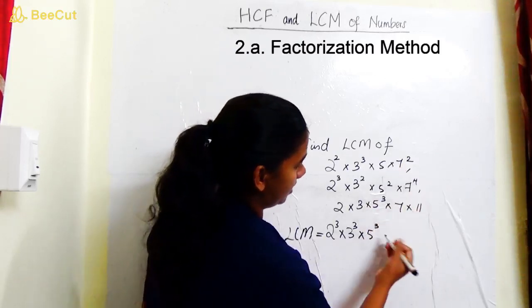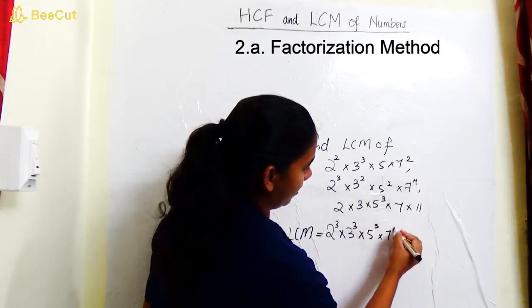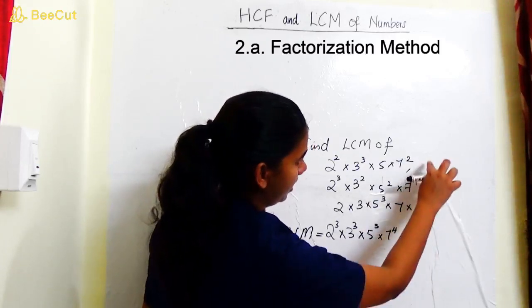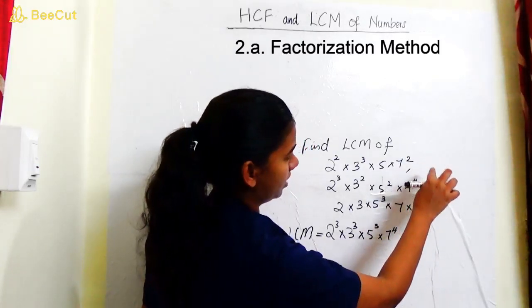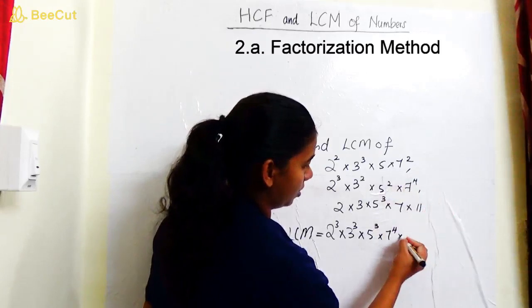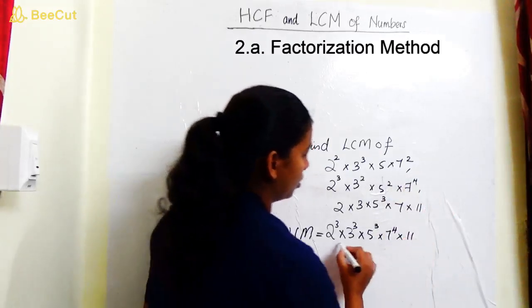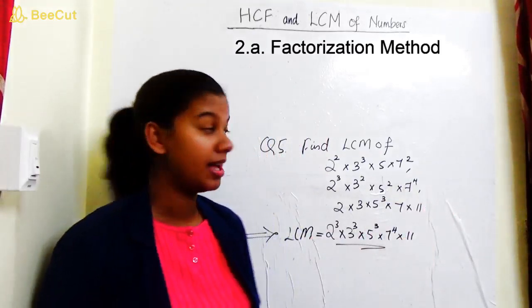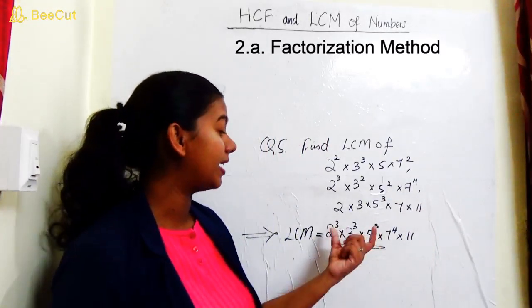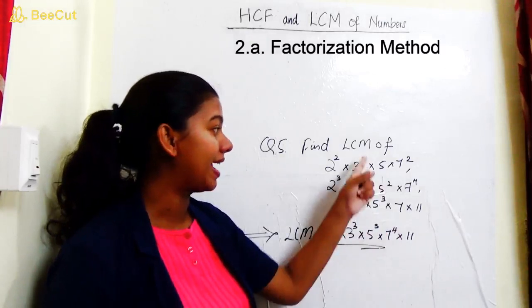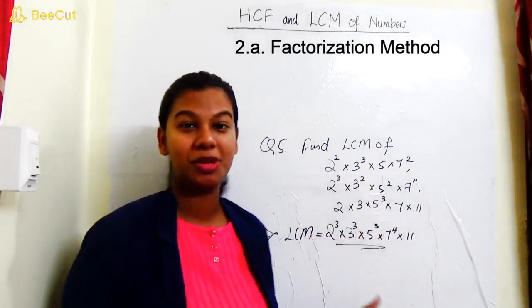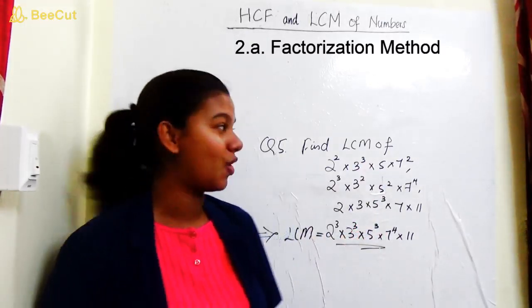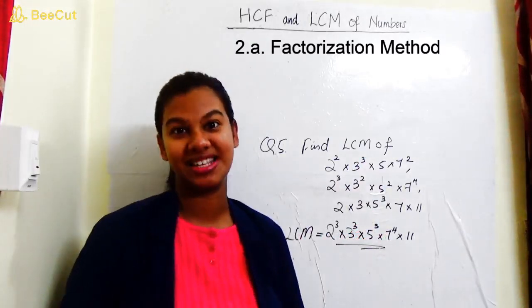In case of 7, 7 raised to 4. And 11, this we can say 11 raised to 0. This is 11 raised to 1. So that is 11. So if I multiply this, I will get the LCM. So if I divide this number by any of these numbers, it will be divided completely. Okay. So this is the factorization method.